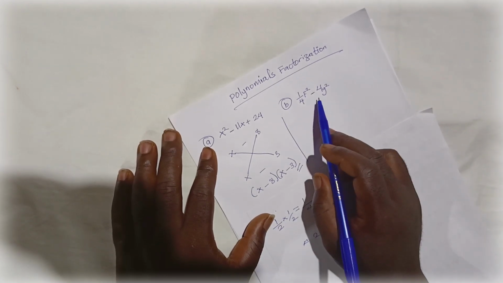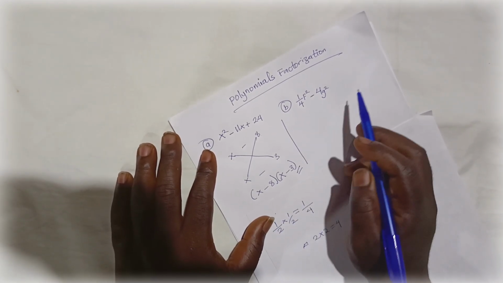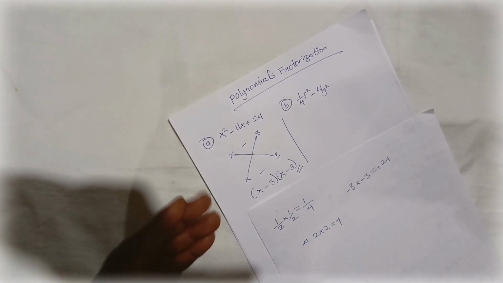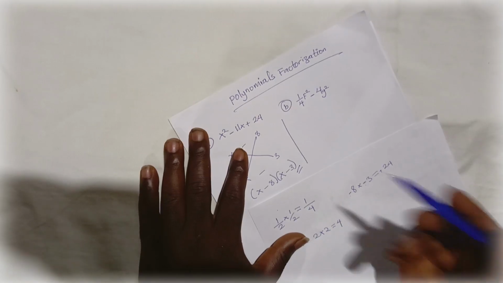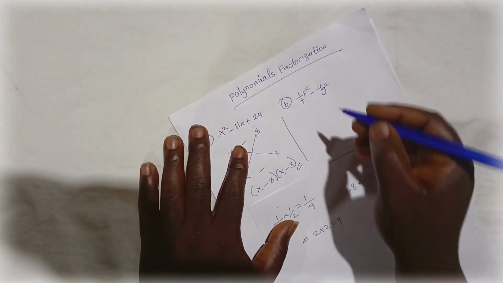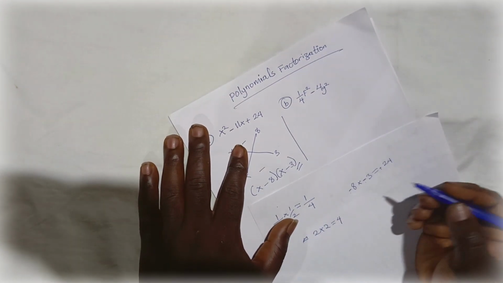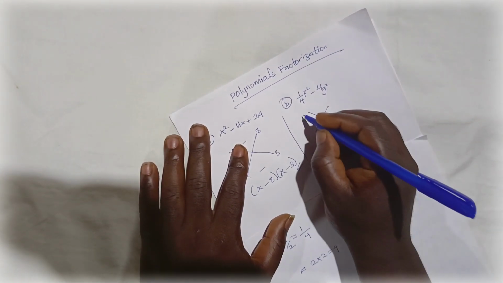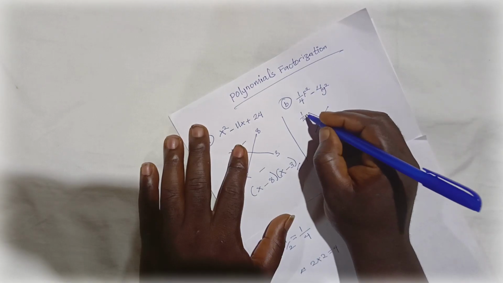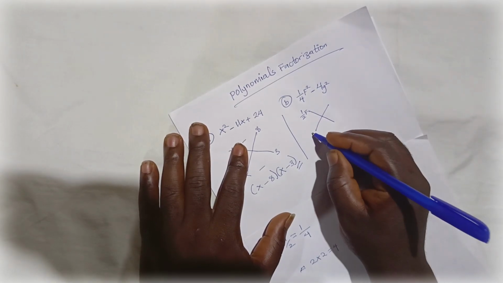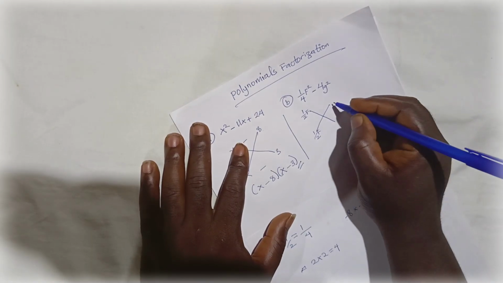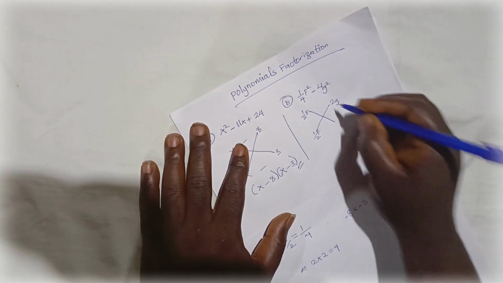Now, looking at the minus here, it means this problem is in the form of a difference of 2 squares. To solve a problem like this, we know we're going to use plus and minus. That is, we can still use the bx by saying 1 over 2f times 1 over 2f. On the side, we have 2g.